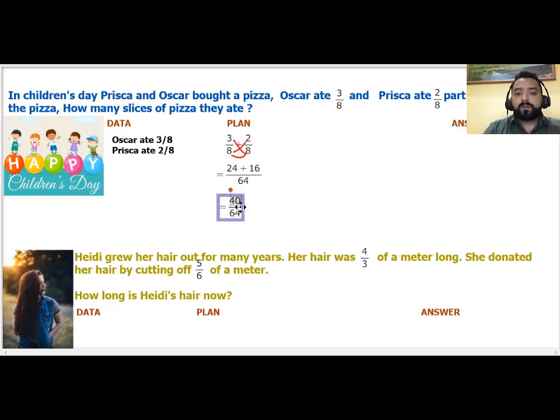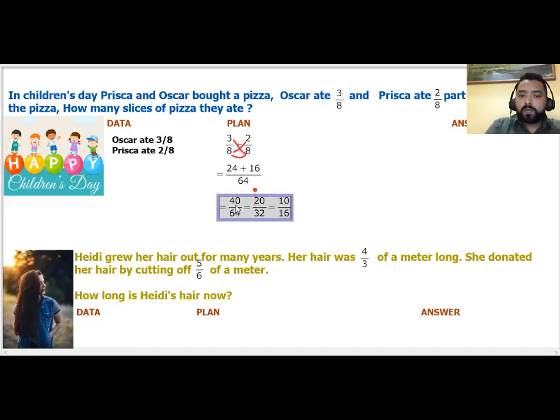It's important that we need to simplify this fraction. So we are going to divide both by 2, 20 over 32. You need to continue because at the end we need to find the quantity of pizza that they ate. So we have 10 over 16.